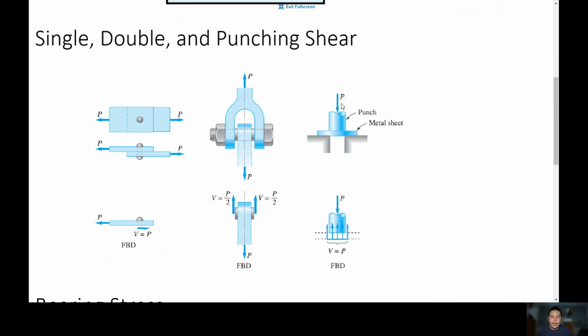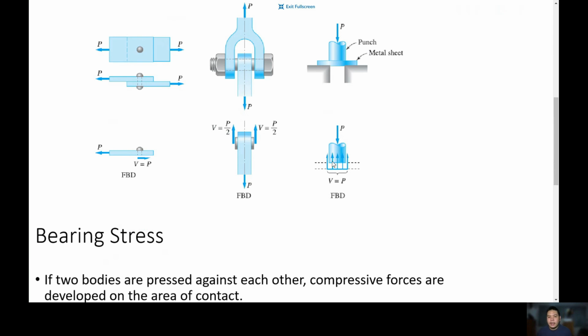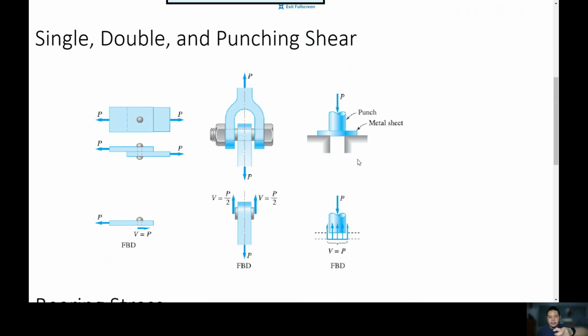And then for punching shear, we have this setup. Imagine yourself using a puncher, punching a paper. Same concept. Basically, it is supported by a punch and a metal sheet. So when we punch that one, we get to have the area of this punching material.